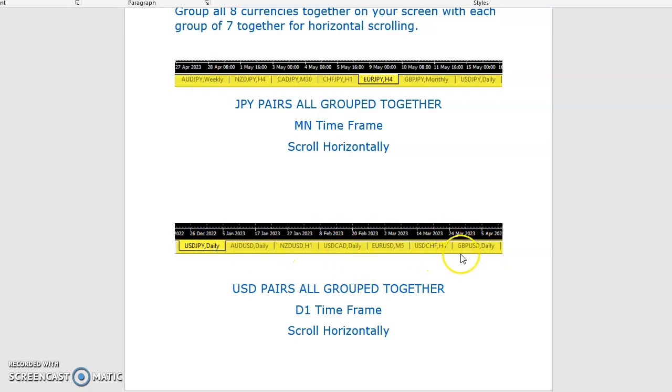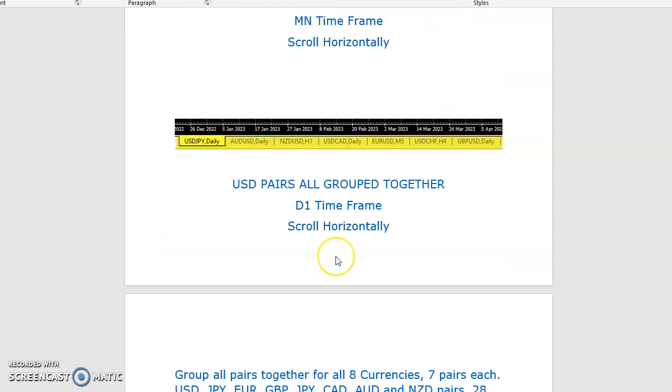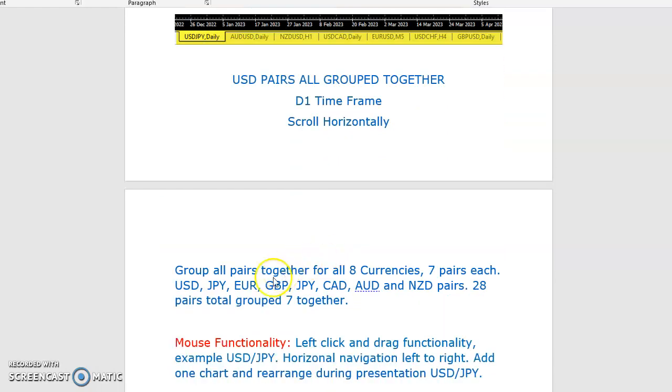But the key is to have it done by individual currency and have all 7 of them grouped together. You group all of the pairs together for 8 currencies, 7 pairs each. 28 pairs total, 7 pairs in each group. So let's go over and look at some of the charts now.